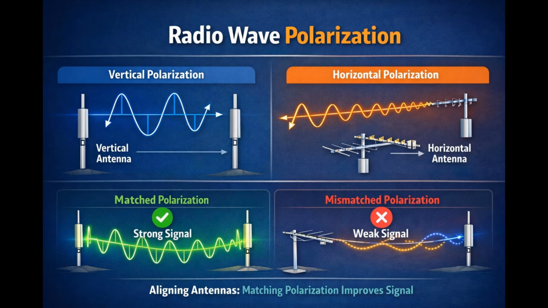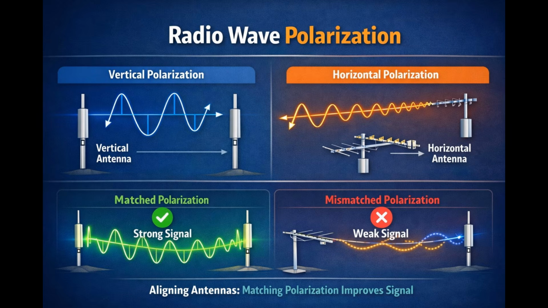Polarization describes the orientation of a radio wave's electric field as it travels through space, and it plays a major role in how efficiently amateur radio stations can communicate. When an antenna transmits, it launches energy with the electric field aligned in a specific direction, most commonly vertical or horizontal, and receiving antennas respond best when they are oriented the same way.